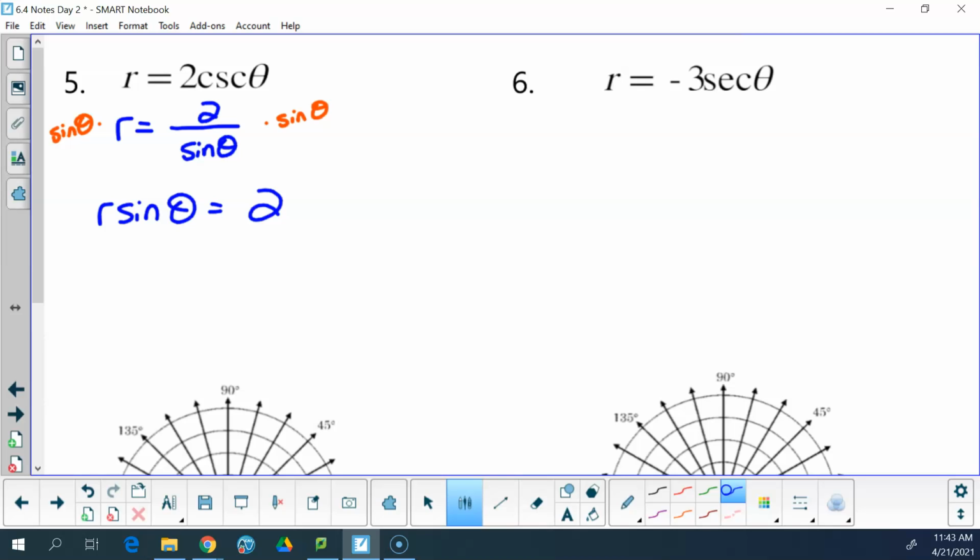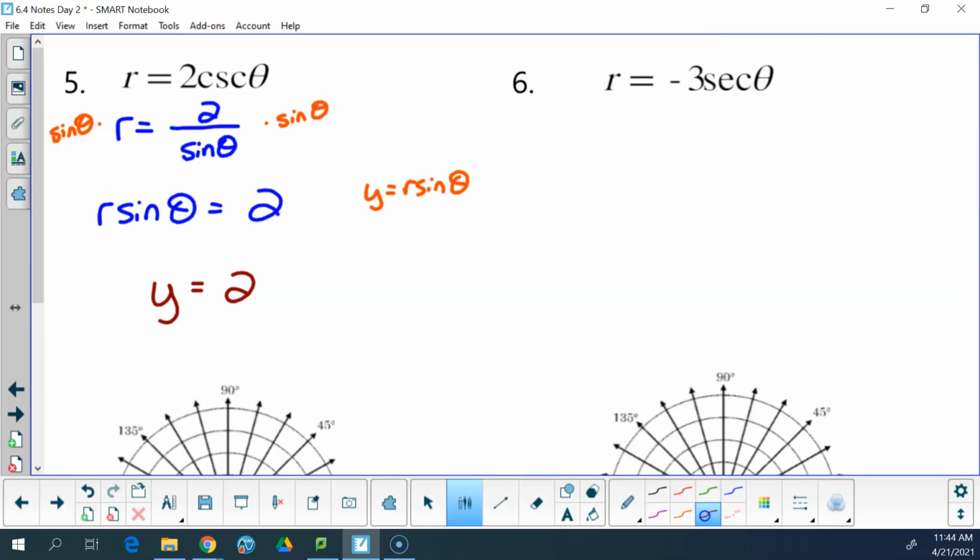Where have I seen r sine of theta before? We've seen it today. R sine of theta is the same as y, because earlier we said y equals r sine of theta. So I could just say this is y equals 2.